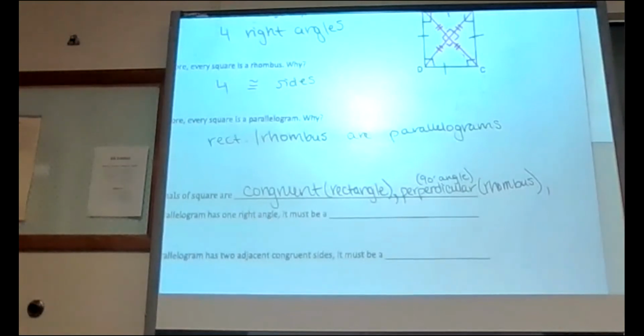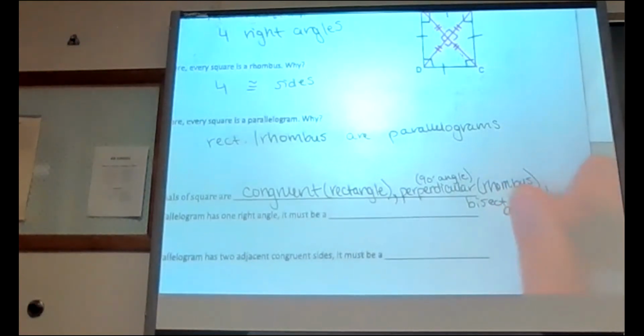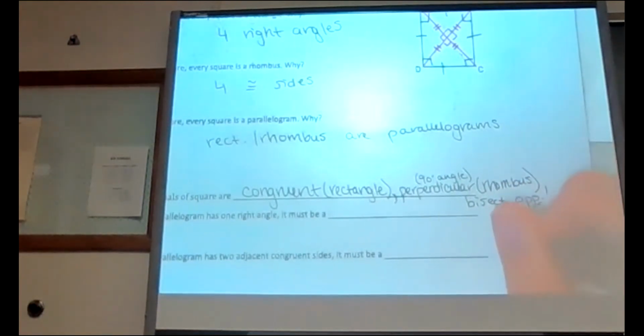No, definitely not going to have enough space. The diagonals of the square bisect the opposite angles because it is a rhombus.